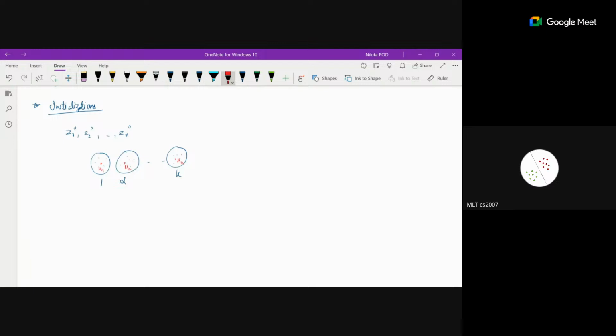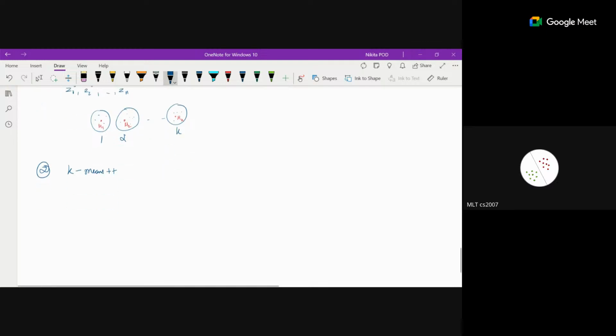So this was one way to do it. But there is another way, which is what we are going to look into now. That way of initialization is called k-means plus plus. So k-means plus plus is an initialization technique.